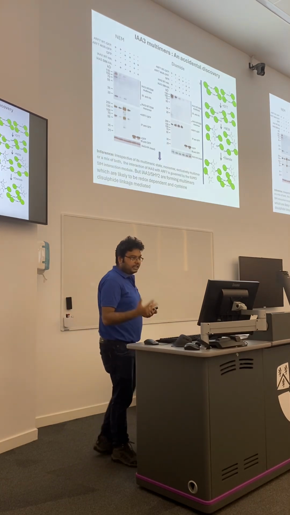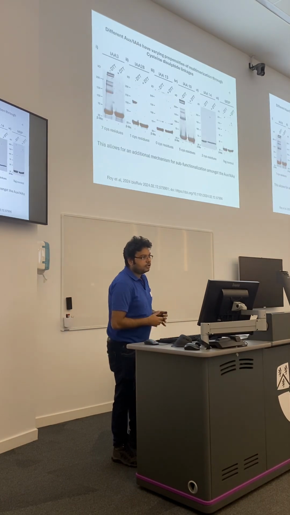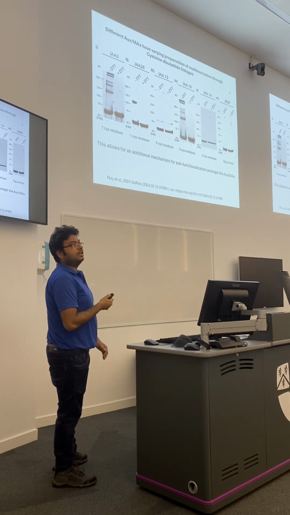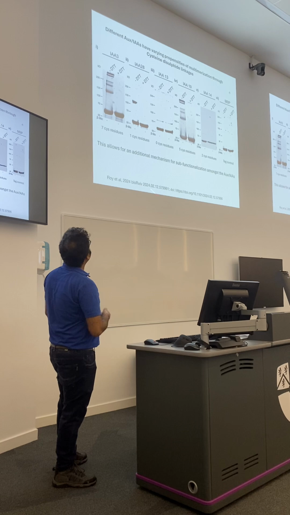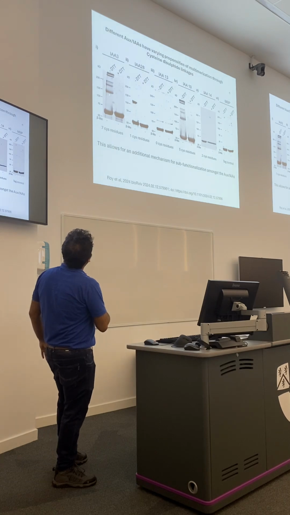So we thought that probably different OX-IAAs can multimerize through their cysteine disulfide linkages. Then we took certain OX-IAAs that represent the different clades, and we found that certain OX-IAAs like IAA3 and IAA19 have a propensity to form higher order multimers, while certain ones like IAA28 form lower order multimers like a dimer.